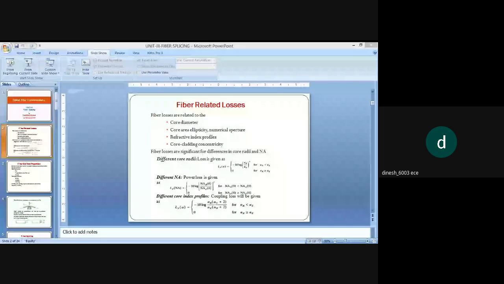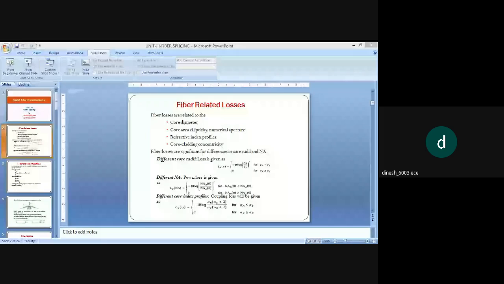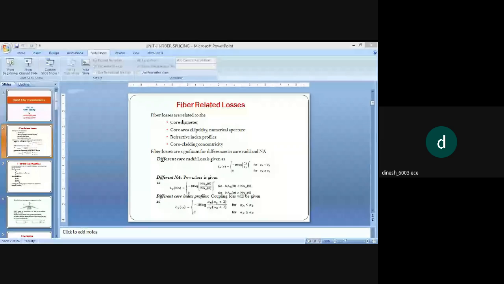Next is the fiber melting catalyst. So when the fibers are brought closer to each other, gas bubbles will be present. So the electric arc will not be able to melt properly. When an electric arc melts the fibers, the glass tends to collapse, filling the gap, which may lead to absorption.